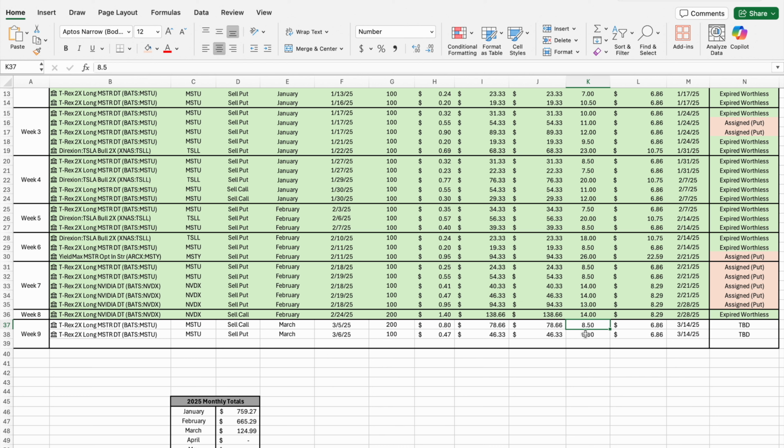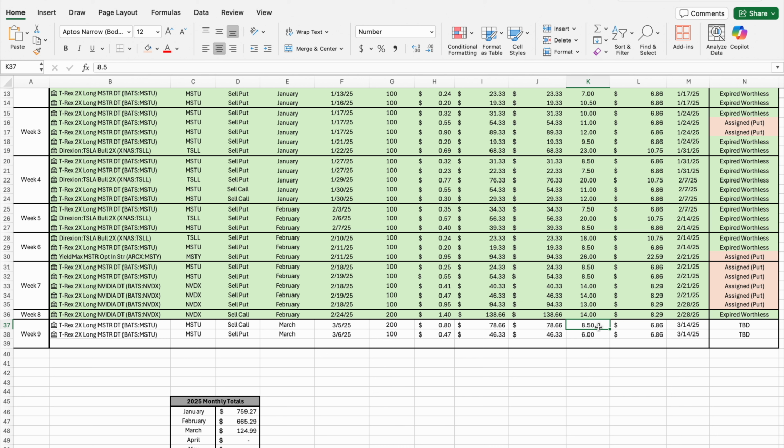Now, MSTU has to get above $8.50, which currently it's at $6.86. It has to get above $8.50 for that to be a lucrative contract for the buyer. If not, I keep the premium, the buyer doesn't exercise their rights, and I also keep my shares.